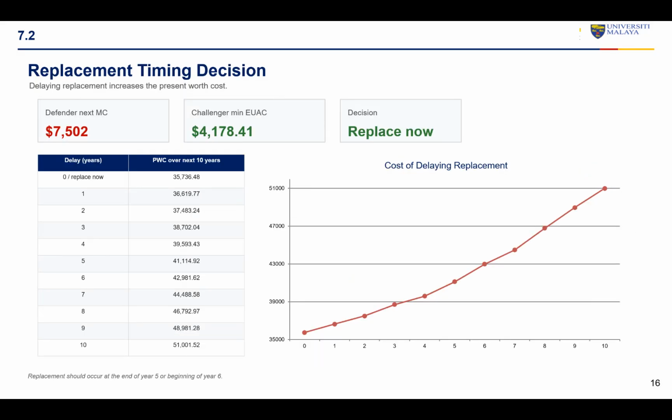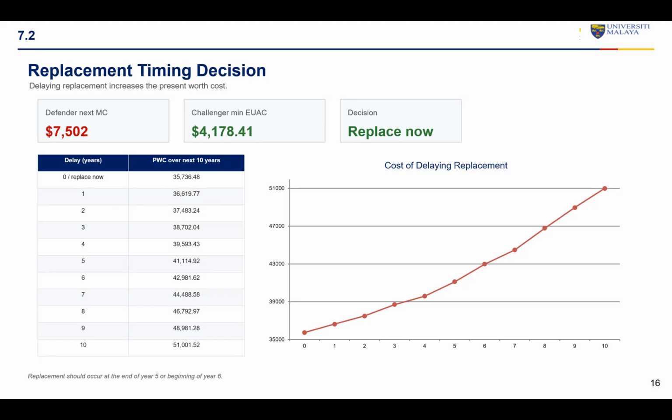The next marginal cost of the DPIS defender is $7,502, while the minimum EUAC of the SPIS challenger is only $4,178.41 per year. Since the defender's next marginal cost is higher than the challenger's minimum EUAC, keeping the existing DPIS for another year is not economical.